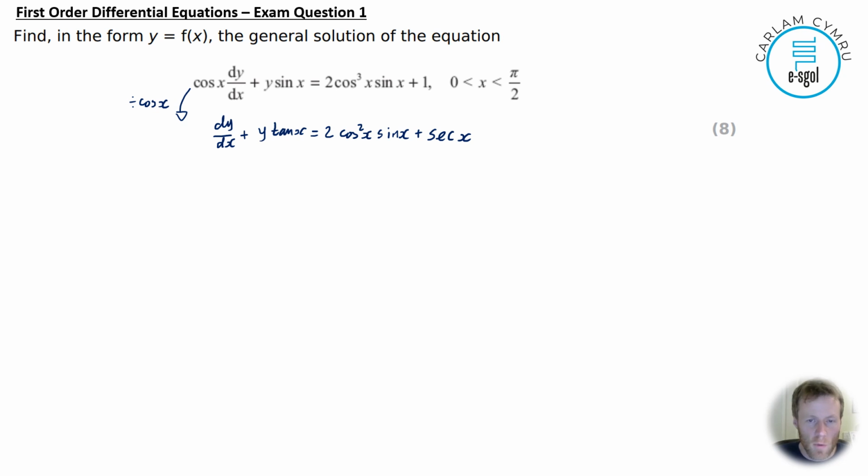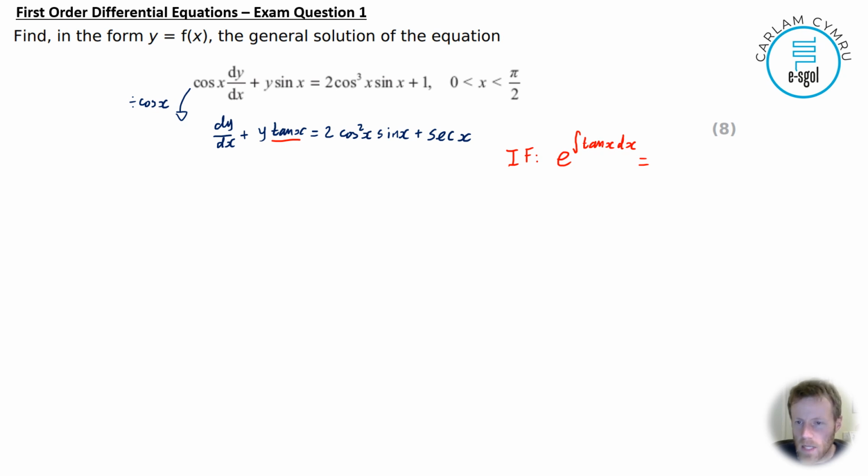Now this is in the format that I would like to find my integrating factor. So let's just do that over here, integrating factor. And we're going to do e to the power of the integral of whatever this bit here is. So that's tan x with respect to x.